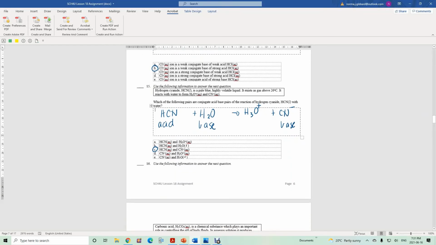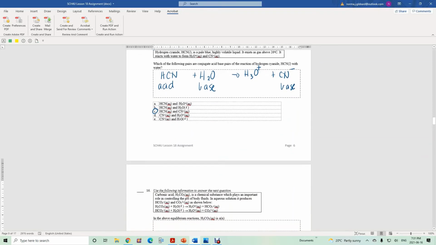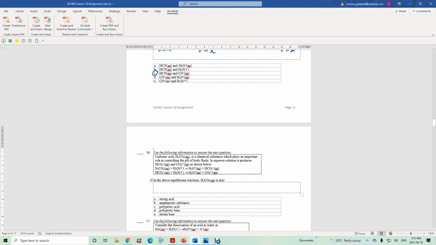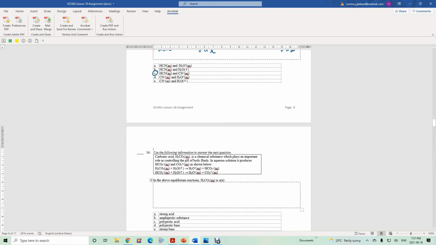Okay, number 16. In the above equilibrium reaction, H2CO3 is a polyprotic acid capable of donating more than one proton or base.